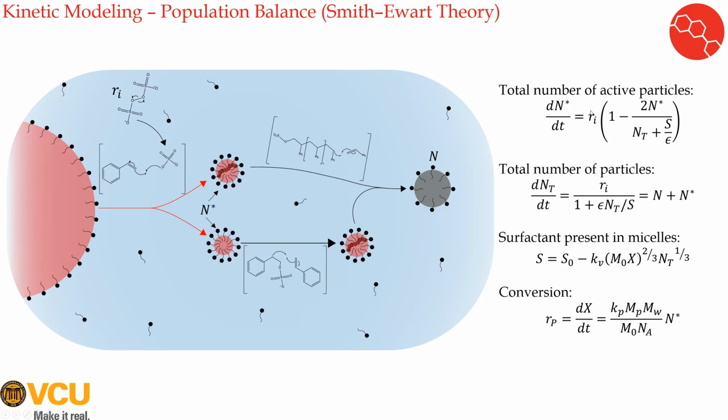And its expression is the rate of initiator decomposition times 1 minus 2 times the already existing number of active particles divided by the total number of particles, which is the total number of dead particles, those with no active radicals inside, plus the number of active particles as shown here in the second expression, plus the surfactant concentration present in micelles, this equation here, divided by epsilon.